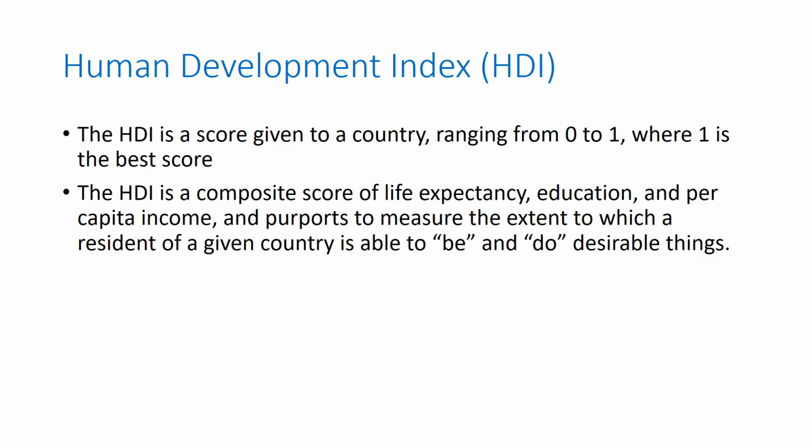It's not necessarily a measurement of poverty, it's a measurement of overall development. The HDI is actually a combination score that looks at life expectancy, educational opportunity and achievement, income. In other words, it's looking to measure the extent to which people living in a country are able to do desirable things. How good is their life?